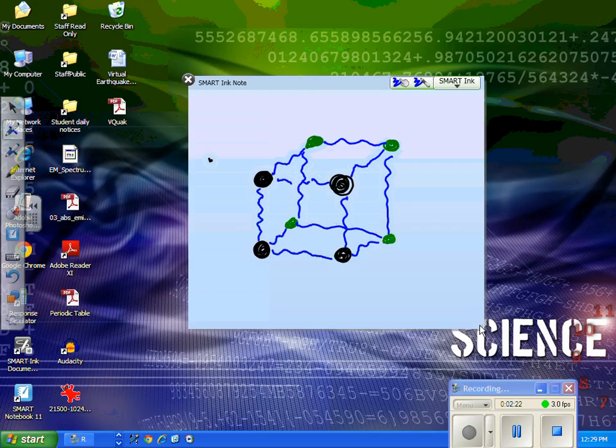Ionic is where an atom picks up a charge, they become oppositely charged, and they're attracted. In metallic bonding, it is slightly different, and this is what you should have found.